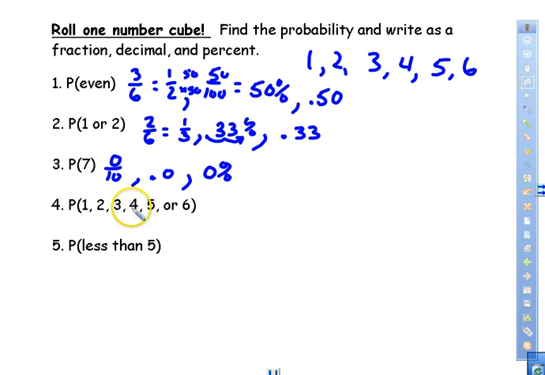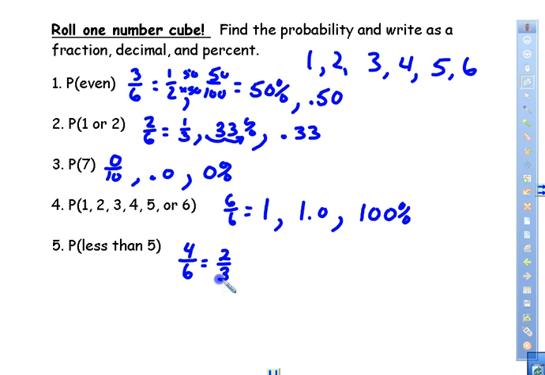Chances of getting a 1, 2, 3, 4, 5, or a 6, well, that's 6 out of 6, which equals 1 whole. And if we write that as a decimal, that would be 1.0. And if we write that as a percent, that'd be 100%. A number less than 5, well, it's got to be less than 5, so 1, 2, 3, and 4 would be, so 4 out of 6, which is 2/3.